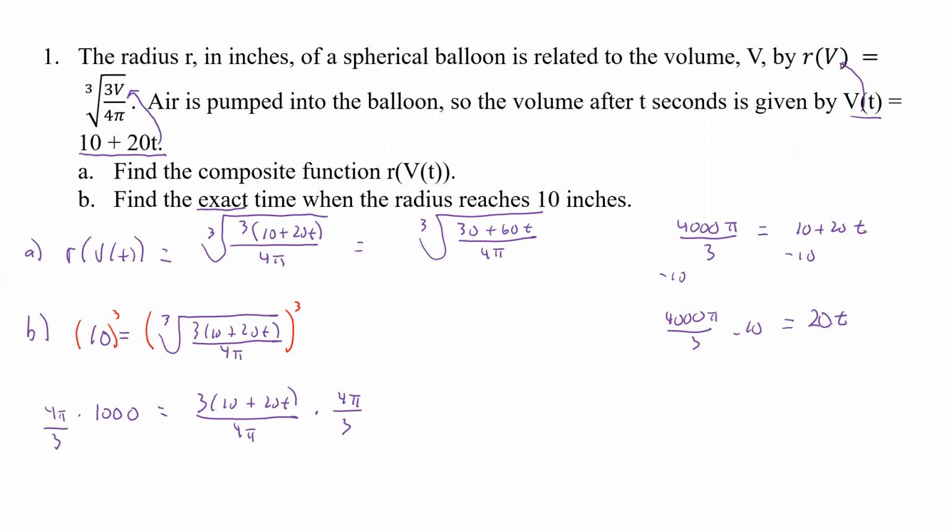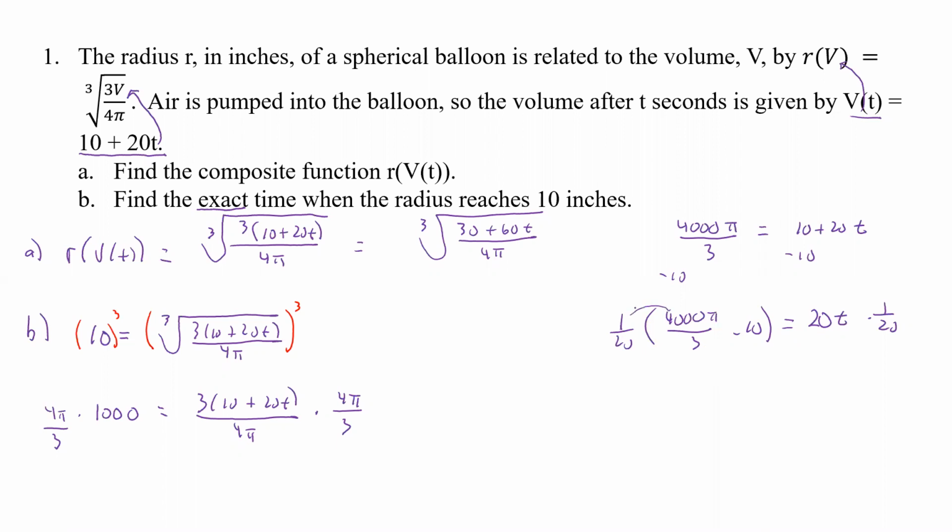Now I need to get rid of that 20. So I'm going to divide by 20, but because I have a fraction here, I'm going to multiply by 1 over 20 instead. That makes it easy to do because it's the same thing as dividing, but when you divide a fraction by a number, it's sometimes difficult for some people. So now I have 1 over 20 times (4,000 pi over 3 minus 10).